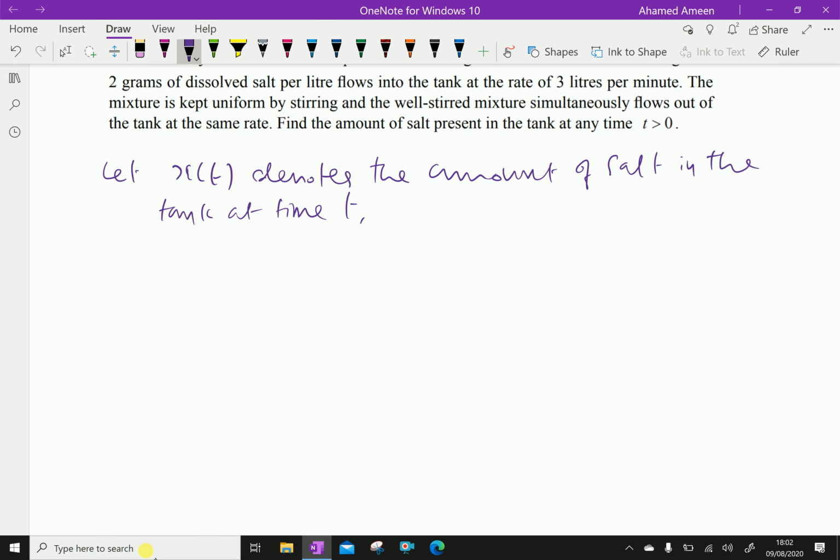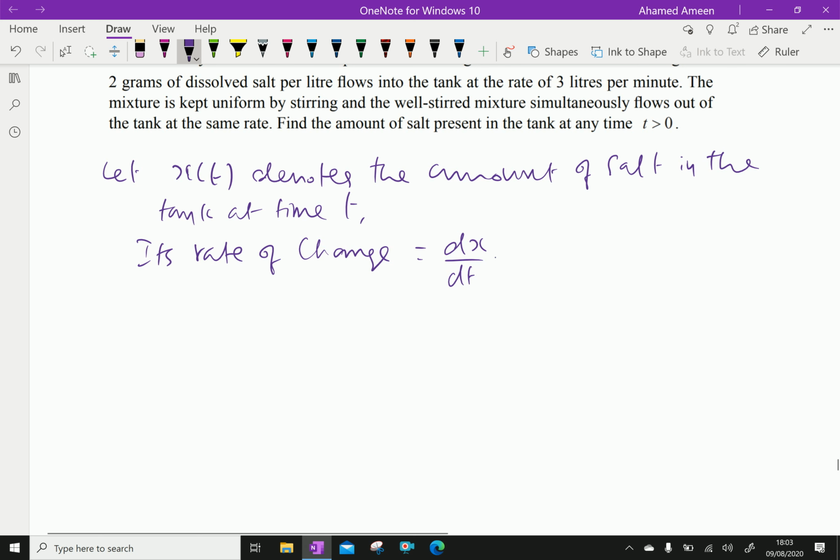Its rate of change, that is the rate of change of salt in the water, equals dx by dt.